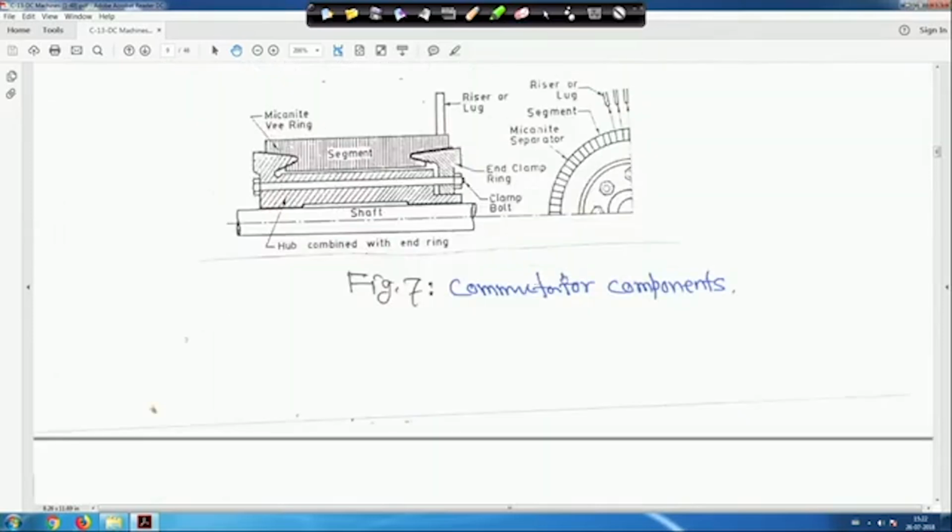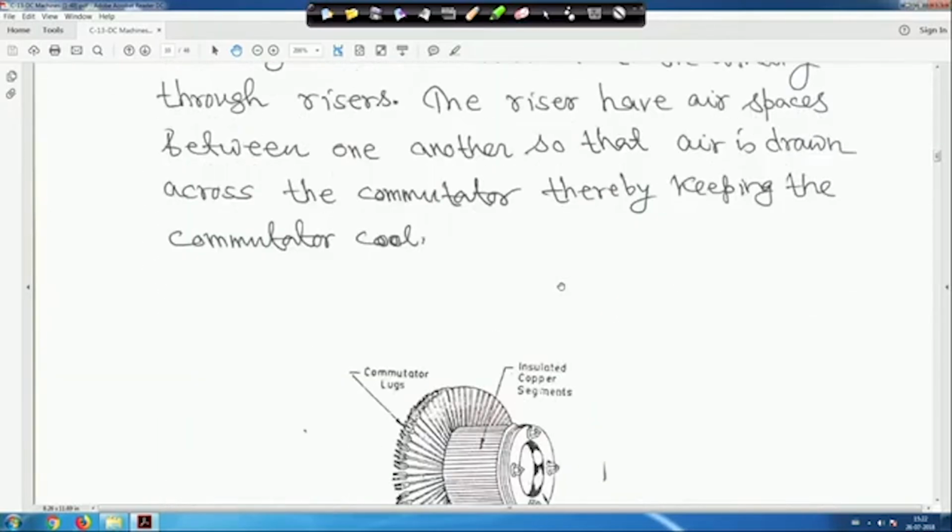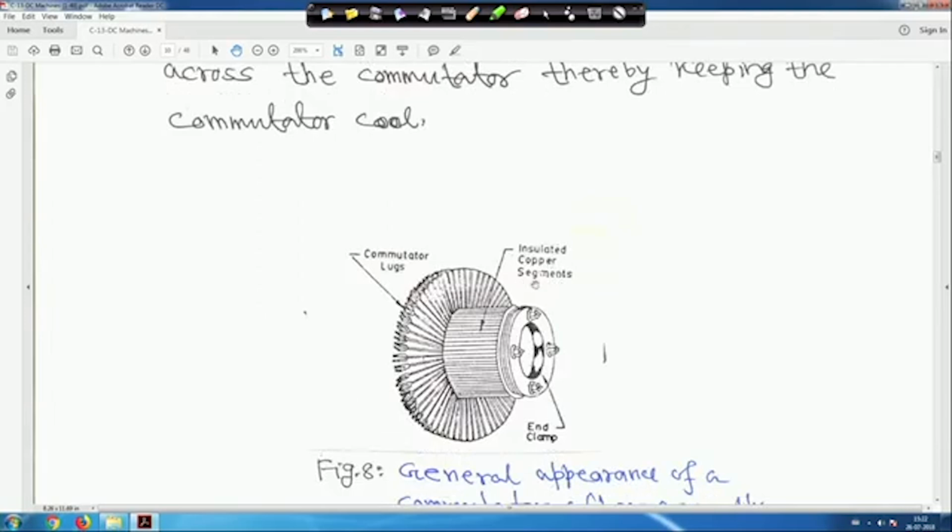So, these are the commutator components. Another thing is here, if you look at the insulated copper segments, this is the commutator, right, and these are the commutator lugs from where it is connected to the winding, and this is the end clamp, and these are very thin, you will find, separated by mica if you look at an open DC machine.